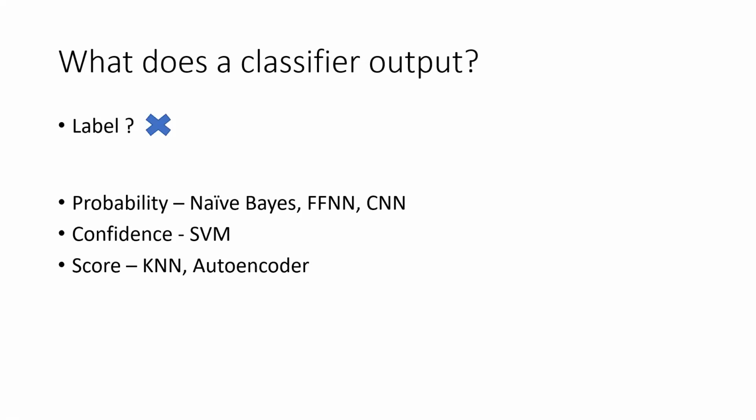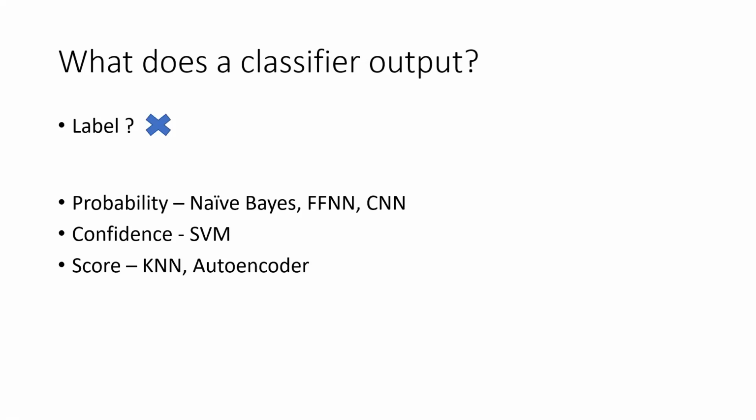But it is very important to know that one confusion matrix only corresponds to one operating point. What I mean by that is, let's say your classifier is giving a probability. Naive Bayes is a special case because in naive Bayes the probabilities that you get are normalized.